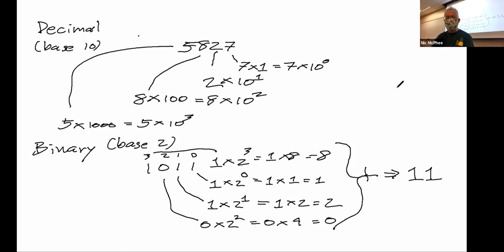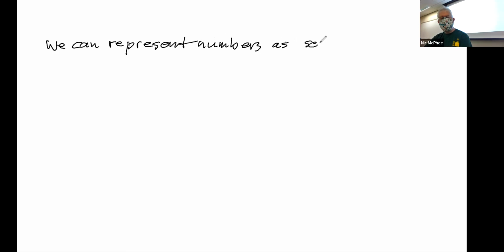So this gives us how we represent numbers with bits. One thing we don't have yet, and I'm going to go to a new blank screen. So if there are questions about this screen, holler. Going, gone. So we can represent numbers as sequences of bits.